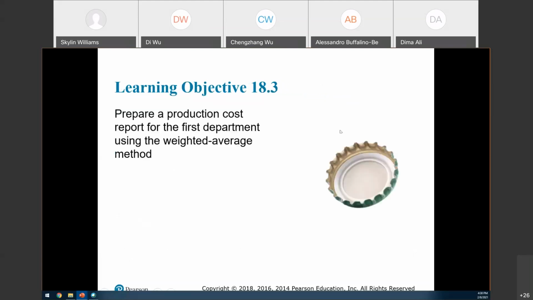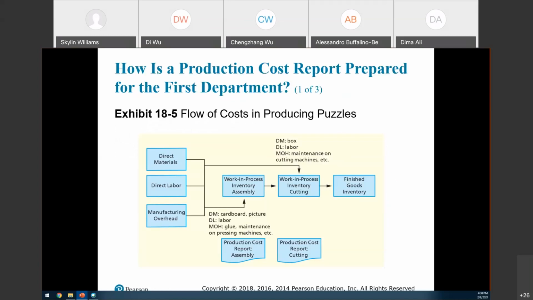Next, let's see how to prepare a production cost report for the first department using the weighted average method. For a comprehensive example of a process costing system, let's continue using our example, which is the fictitious company Puzzle Me.